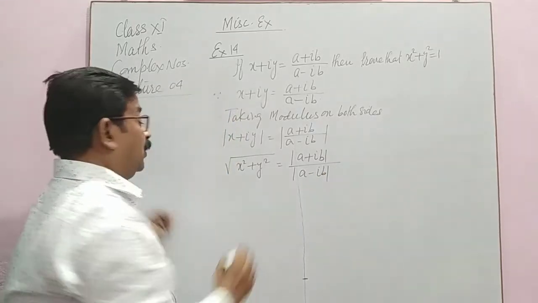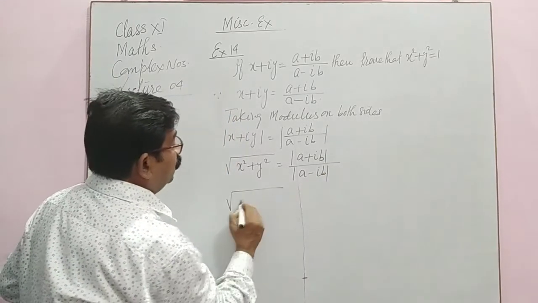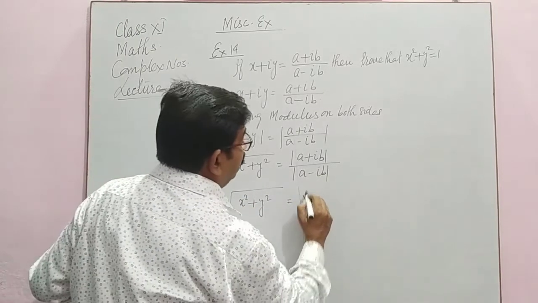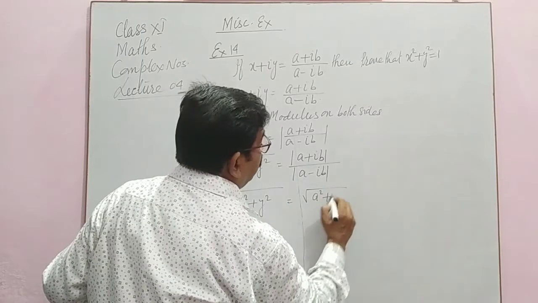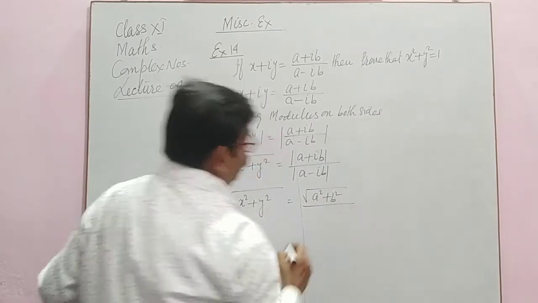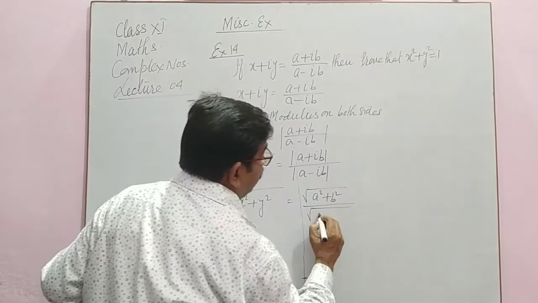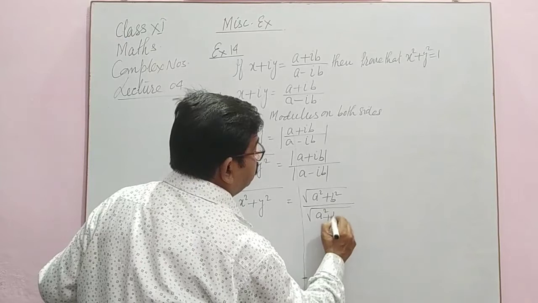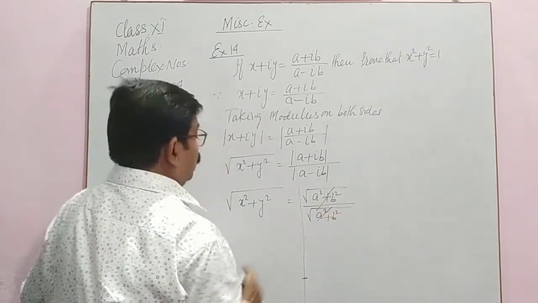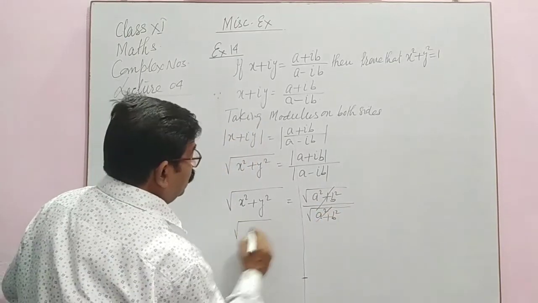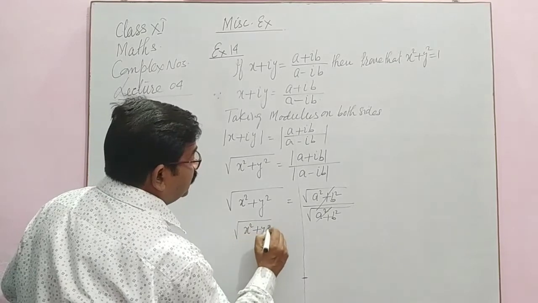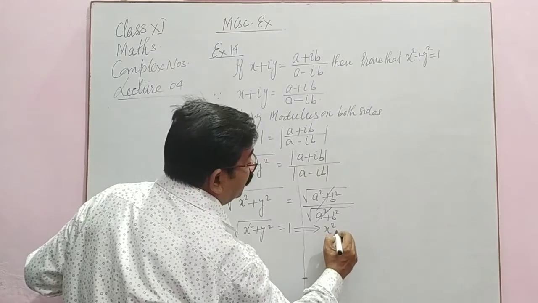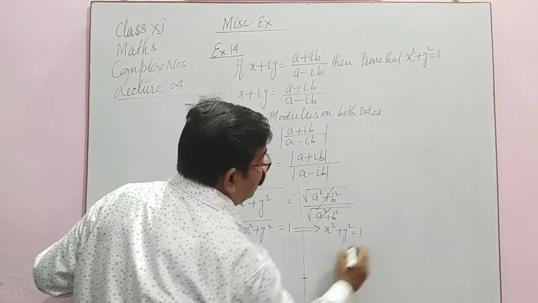So under root x square plus y square is equal to under root a square plus b square upon under root a square plus b square. This will cancel. So under root x square plus y square is equal to 1, or squaring, x square plus y square is equal to 1.